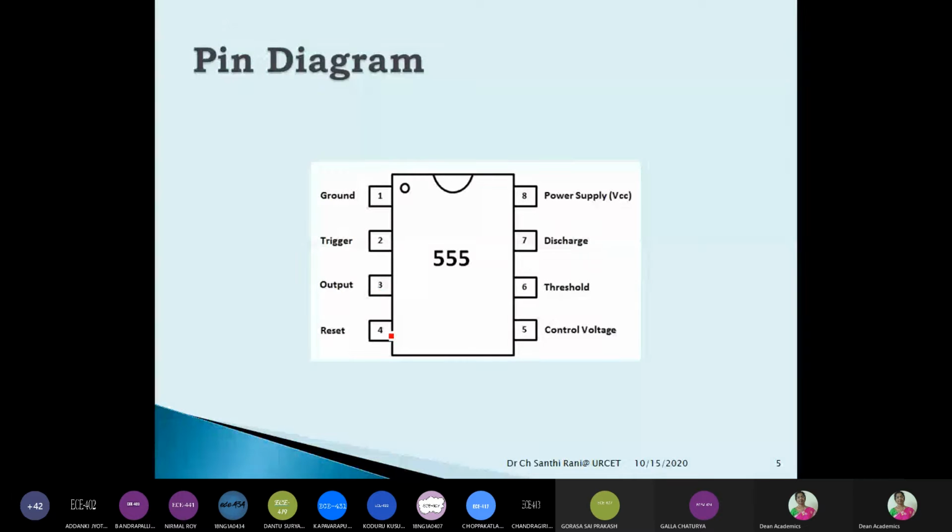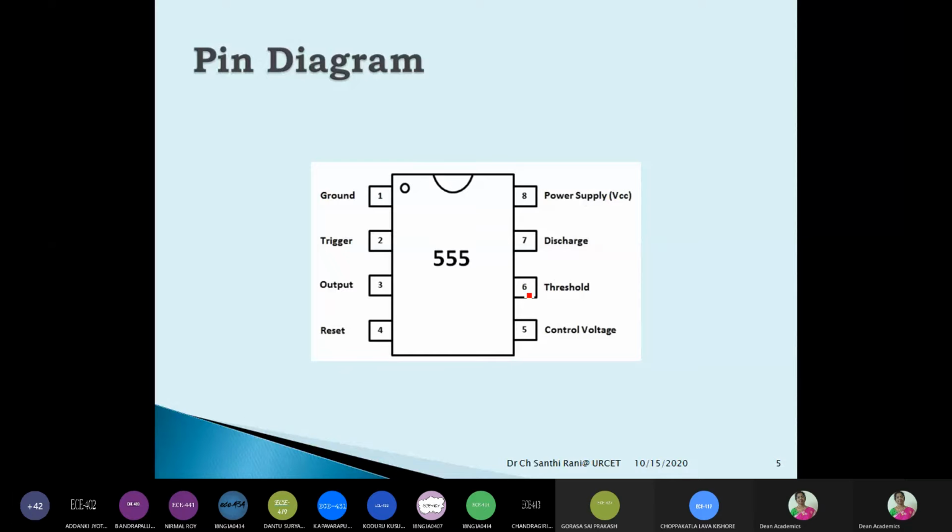And pin number 4 is reset. And then pin number 5 is control voltage, right? If you want to apply some control voltage, you have to give here. So we will understand about all these terms when we see the functional diagram of this IC, which we are going to see now itself, right?